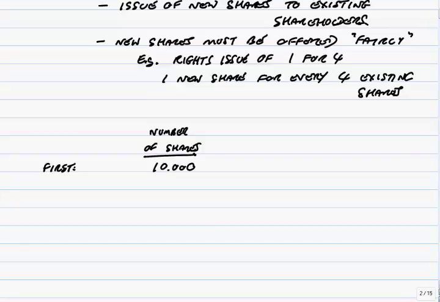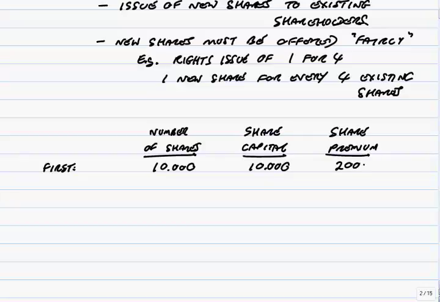They're going to pay $1.20, but remember the nominal value goes to share capital. So at $1 each, the share capital will be 10,000. Any extra they pay will go to a share premium account. So the extra 20 cents a share, 10,000 shares, 2,000. So just like before, but if we were stopping now to do a balance sheet, share capital would be $10,000, share premium $2,000, the total owing to shareholders $12,000.